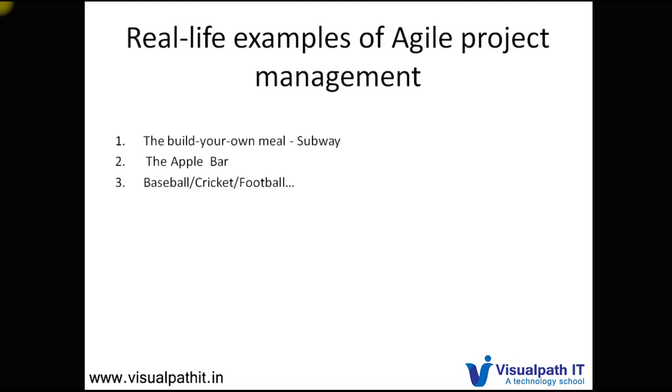Now coming to sports, whether we talk about cricket, football or baseball, Agile is a part of any sport because the requirements are very dynamic. For example, we can step onto the ground with a fixed plan, but we have to be dynamic and change it as per the current requirements, the requirements at that time.